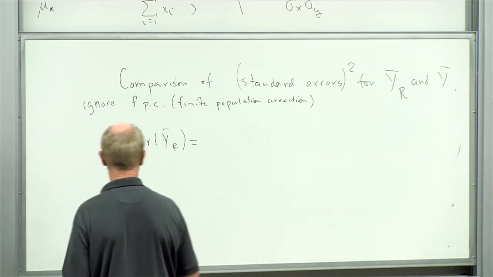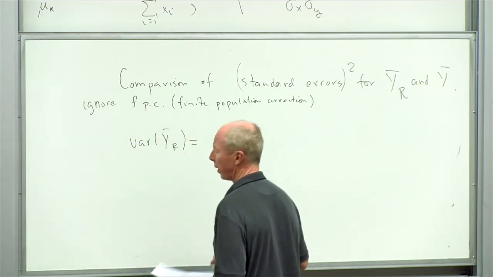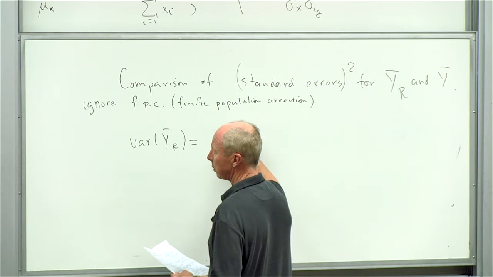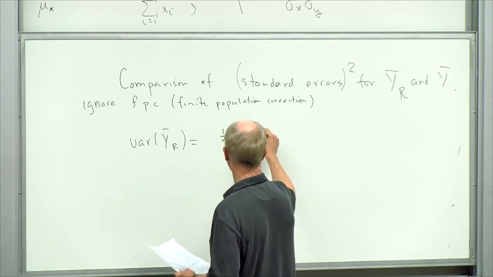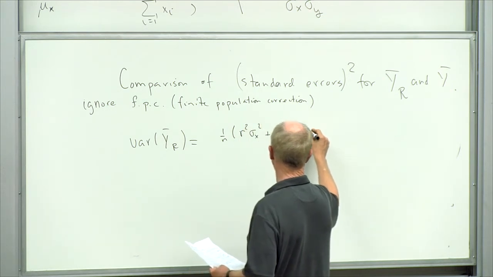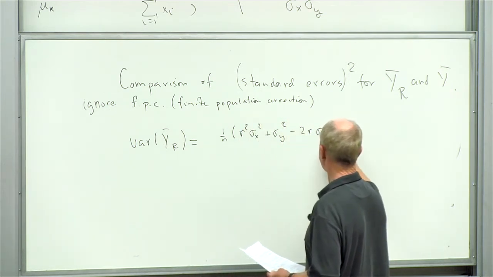It'll be the same for both, so we'll just ignore that. And what do we get then? We get 1 over n, R squared sigma x squared plus sigma y squared minus 2R sigma xy.